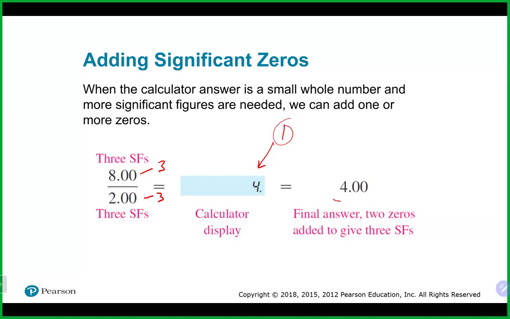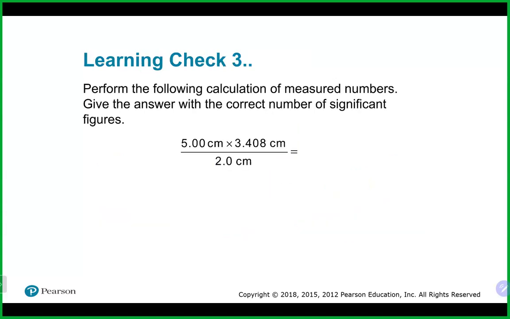So once again, much like we did on that last one, we would have to add a couple of zeros for the significant figures. We clearly want to make sure that we do not just make it 400 or something like that, right? And change the meaning of it. So we do need to go 4.00 and add those. Now, again, these are going to be significant. And again, that's going to be our decimal point that makes them significant.